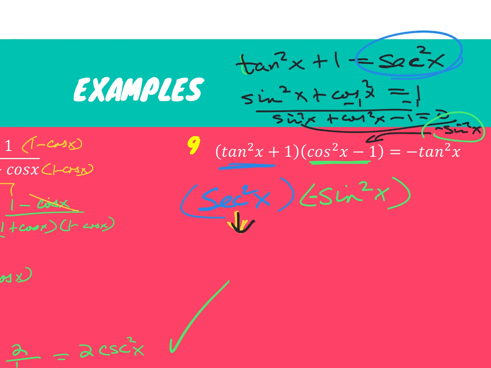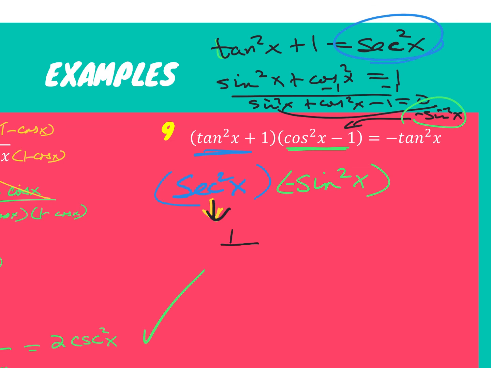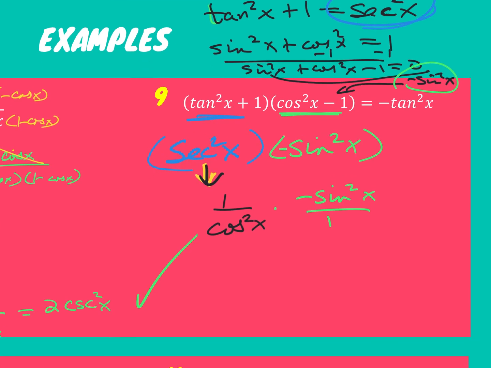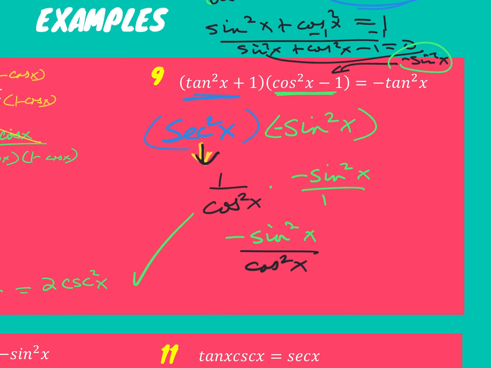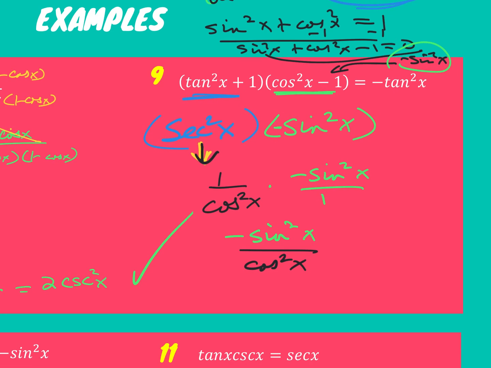All right, so I'm going to change this to its reciprocal, which is 1 over cosine squared x. And then the green, I'm just going to leave it here. And now I'm going to multiply it. So I get negative sine squared x over cosine squared x. And then I'm going to use my quotient identity. And this is equal to negative tan squared x, which is what it wanted me to make it equal.